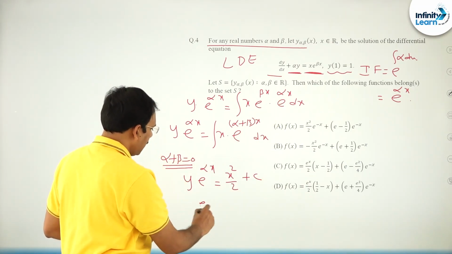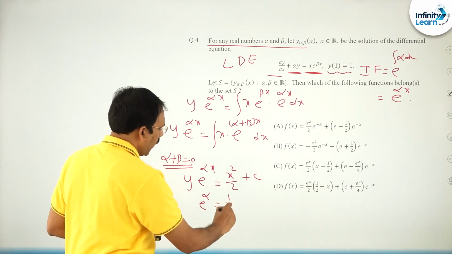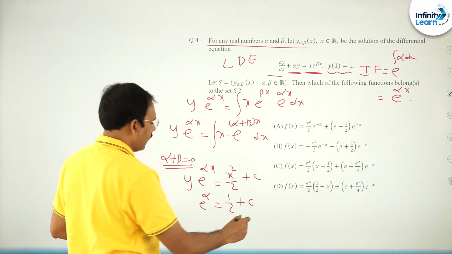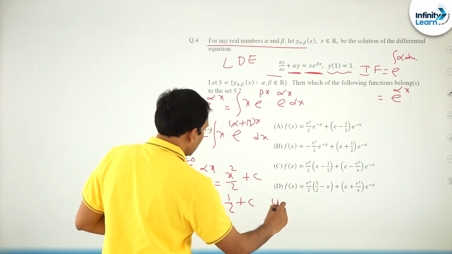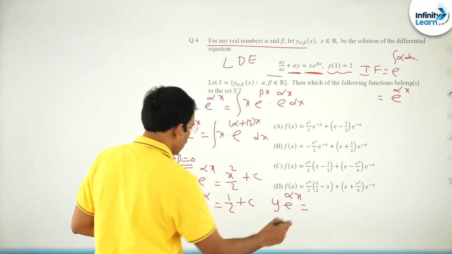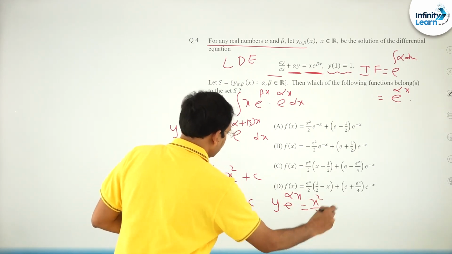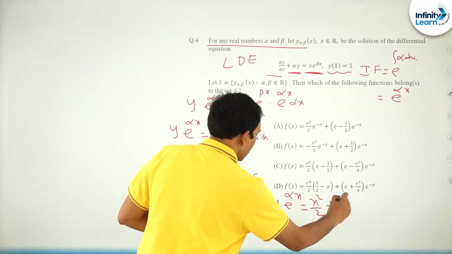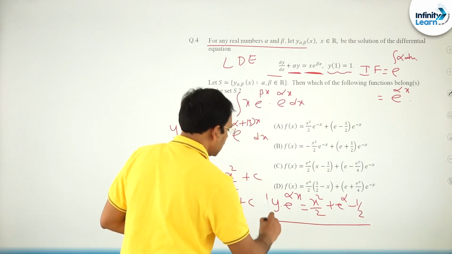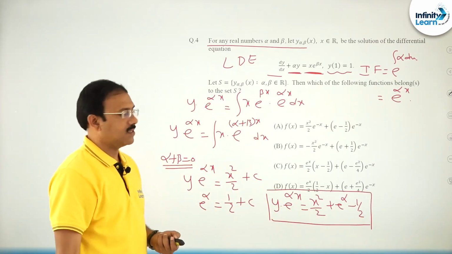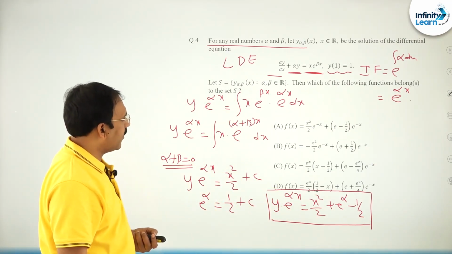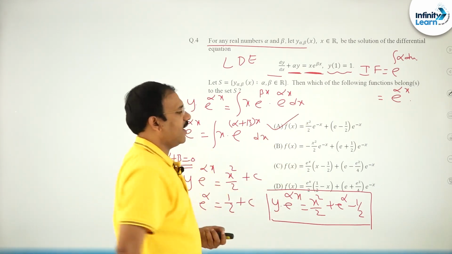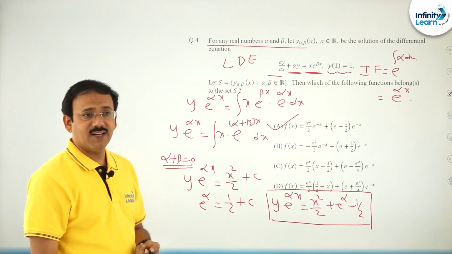So e power alpha is equal to 1 by 2 plus c, so c is e power alpha minus 1 by 2. You will get y into e power alpha x equal to x square by 2 plus e power alpha minus 1 by 2. This is a solution in one particular case. Now you just put alpha equal to minus 1, you will get solution A.